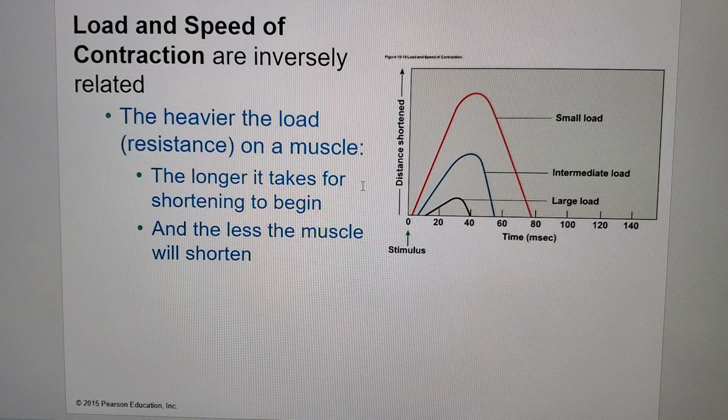The heavier the load, or the heavier the resistance on a muscle, the longer it takes for shortening to begin. And the less the muscle will shorten.